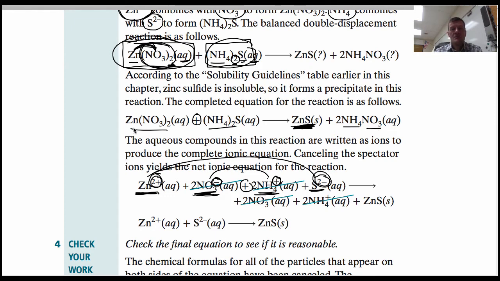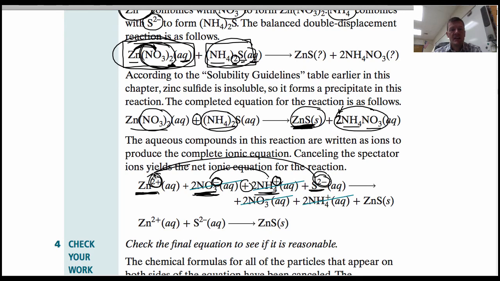Okay? If we balance this, we're going to have to put a 2 in front of the NH4NO3, the ammonium nitrate, because you need 2 ammonium and 2 nitrate. So we have to double this formula here to get the same on both sides. Okay? These are the new potential compounds.